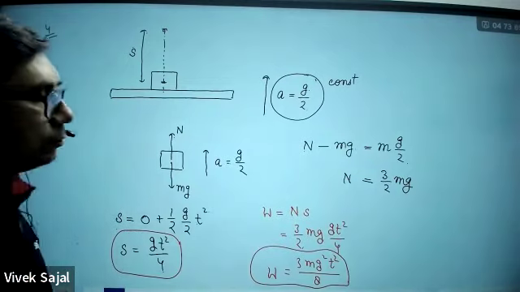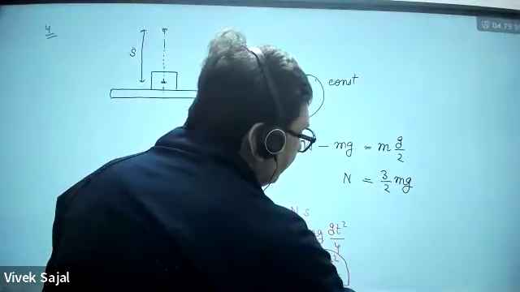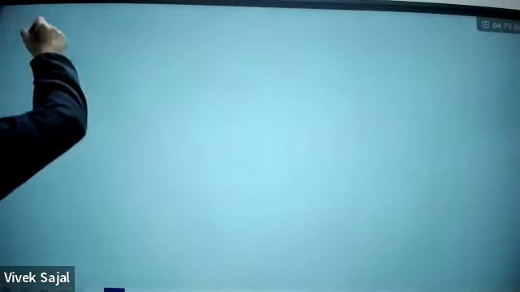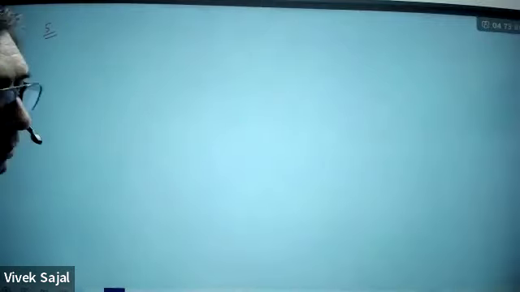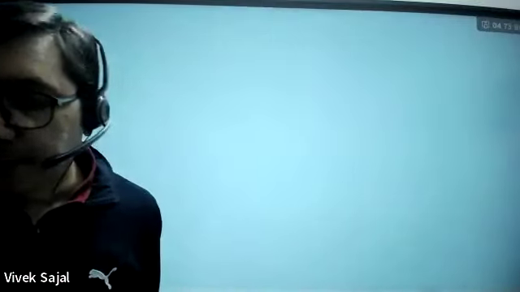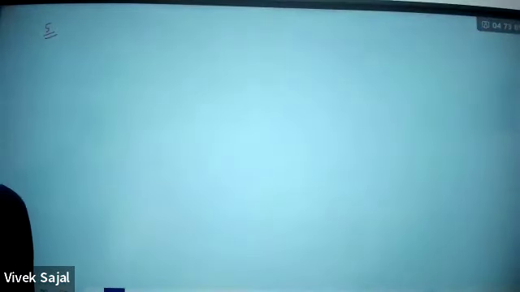Question number 5. A uniform cable of mass m and length L is placed on a horizontal surface such that its 1 by nth part is hanging below the edge of the surface.